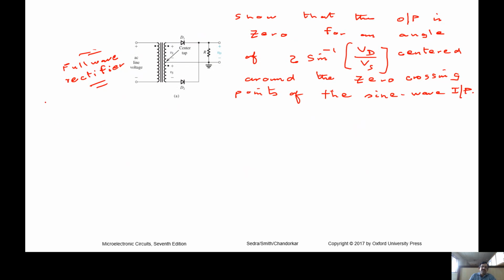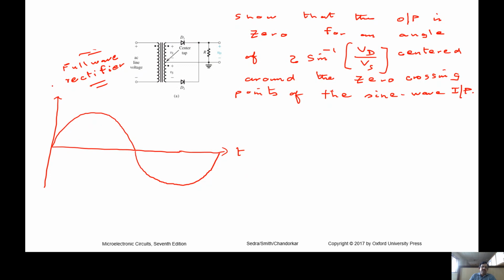So what does that mean? To understand that, let us try to draw the signal. This is my time period. This is my Vin or Vout. This is my positive input cycle, this is my negative input cycle.